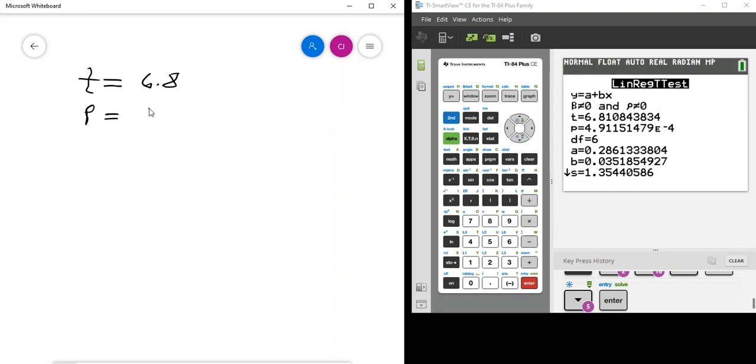So this says 4.9 E -4. So E to the -4 means this P is equal to 0.00049. So you move this over 4 places to the left. So it's here, 1, 2, 3, 4.